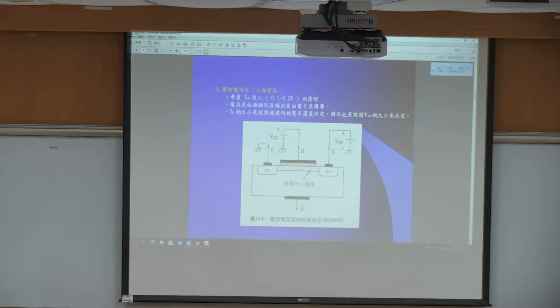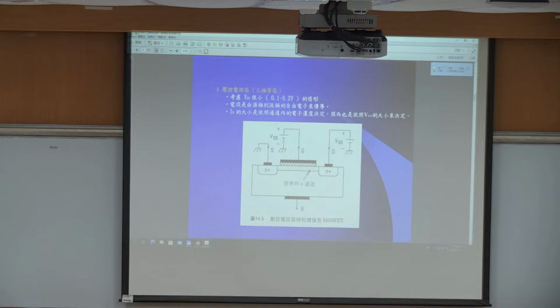Here is the triode region, where we add a very small VDS on the drain side, about 0.1 to 0.2 volt. The current flows from the source to the drain region, and it is conducted by free electrons.